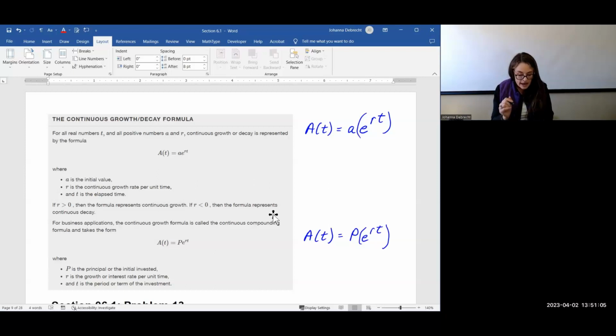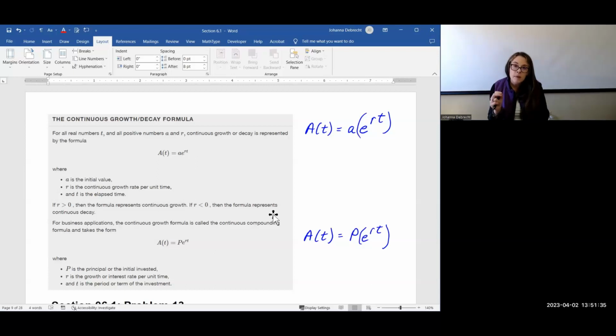Now, A or P is the initial value, r is the continuous growth rate per unit of time, and t is the elapsed time. This is what happens for most population growth. They're continuously growing, right? Population is growing at every possible moment in time. So this formula is typically used to describe population growth. r is what's called the continuous growth rate.